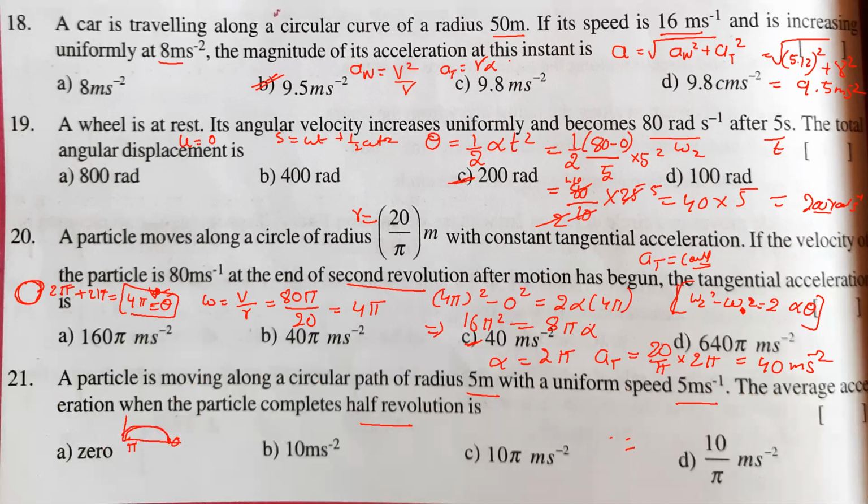Imagine how much angle it will trace: 180 degrees. R is given, V is given. In half of the revolution, what is the V, children? V is equals to S by T, so T is equals to, children, V is equals to theta by T, we are going to write.